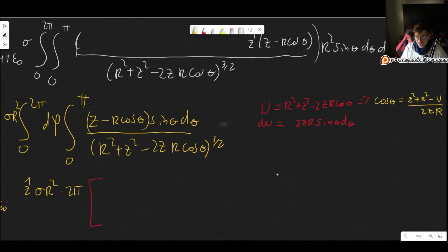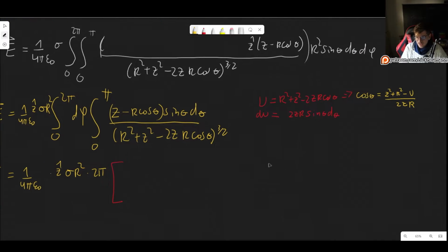So now let's plug it in. So here we have z. So the indefinite integral, let me take some more space. Indefinite integral of z minus r times cosine theta. Cosine theta is that. The r's cancel out. So we get z squared plus r squared minus u divided by 2z.